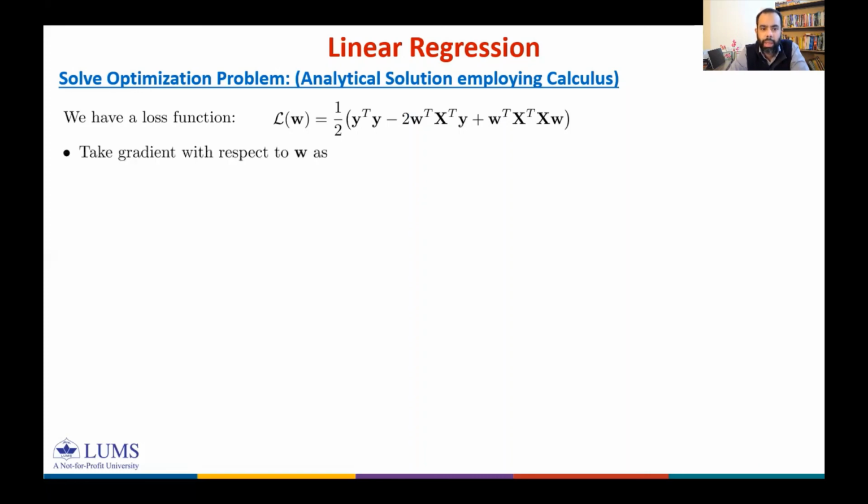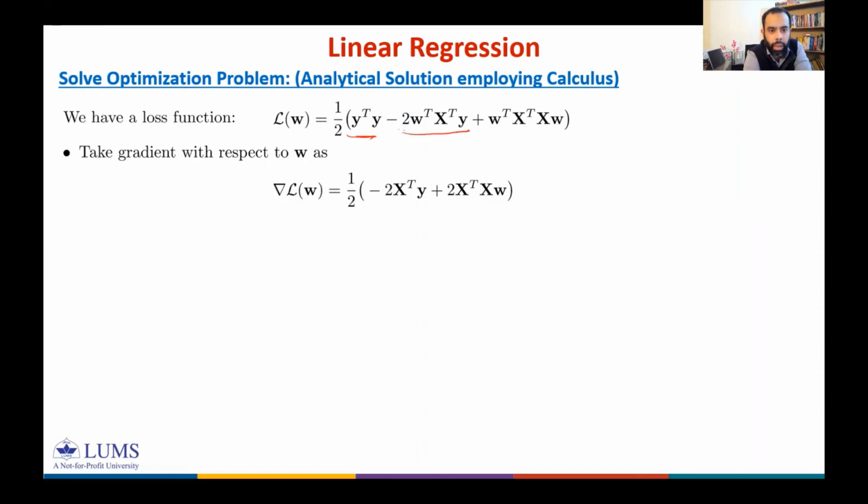Right? What about the second term? So you have w transpose x transpose y. If you treat x transpose y as one vector, it's a vector, right? And you take the derivative with w, what do you get? x transpose y as a gradient, right? So for this term, you get 0.